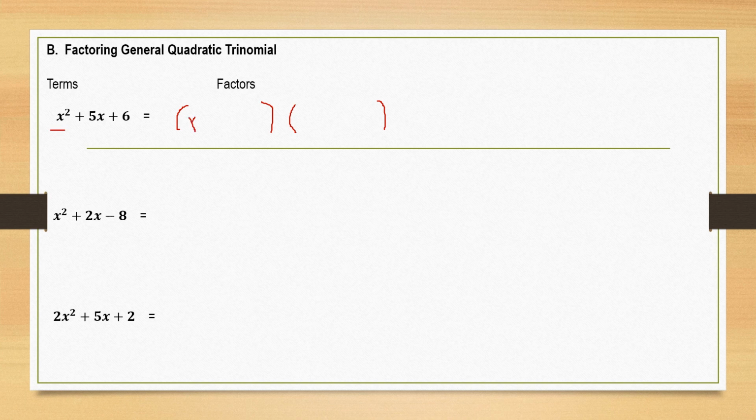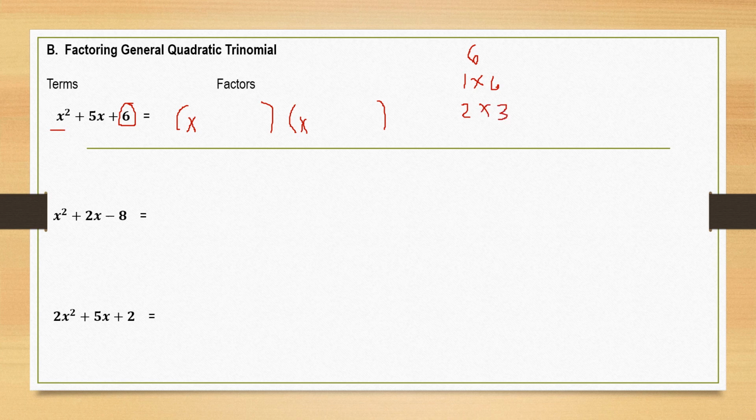We have x and x. For 6, we need to think of the factor pairs of 6. What are the factor pairs of 6? We have 1 times 6 and then 2 times 3.